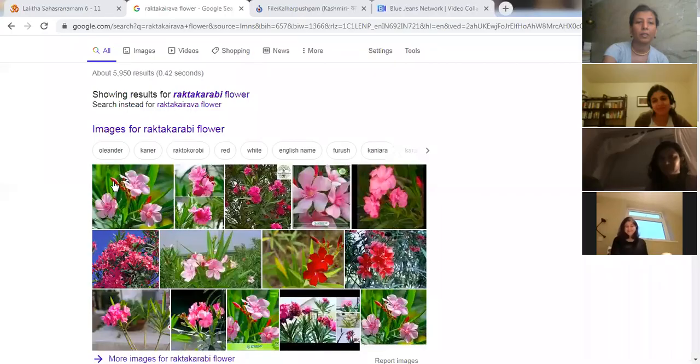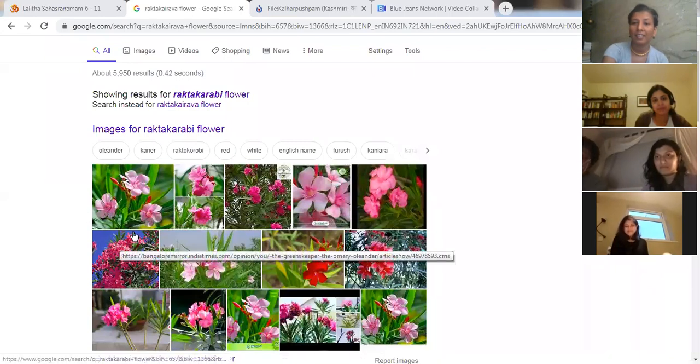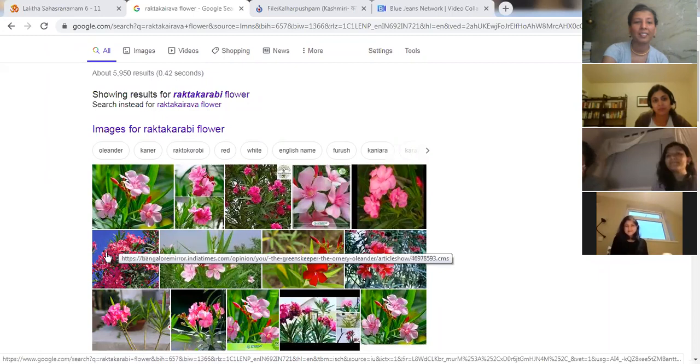You've seen those pink flowers in bunches, tall bushes, pink flowers. Not cherry blossoms. India, we're talking about India. You know these flowers? Very common in India.